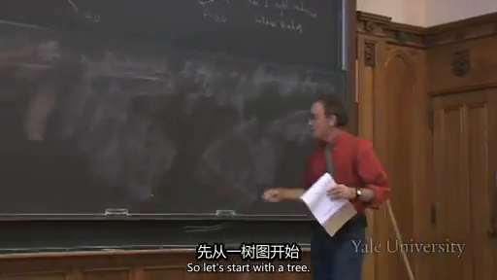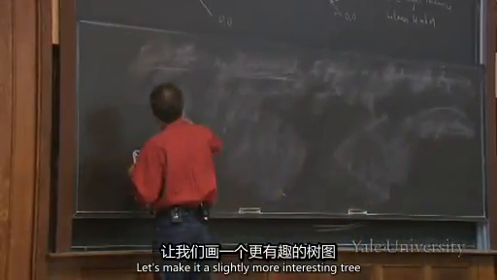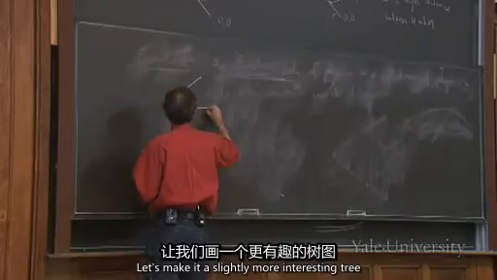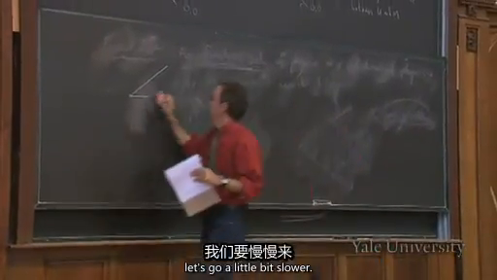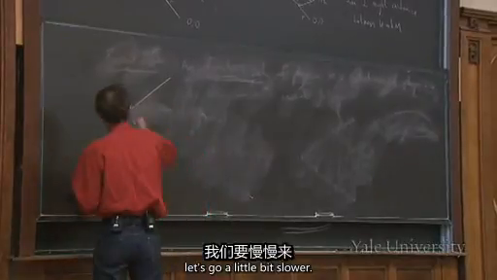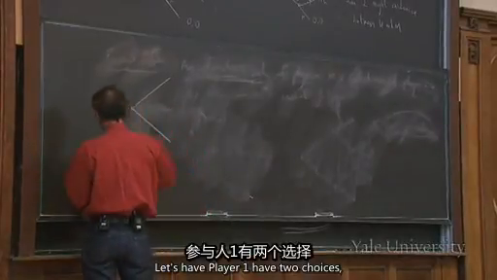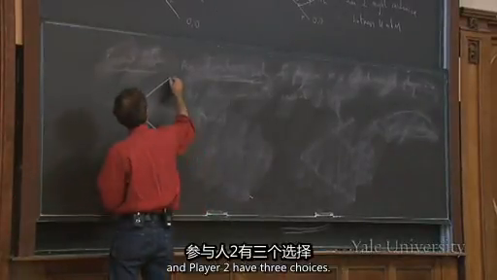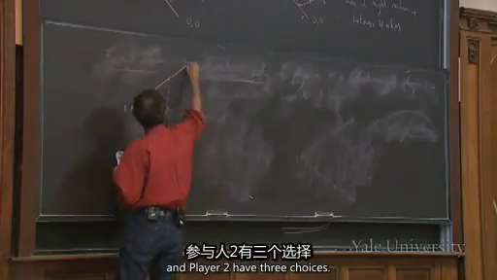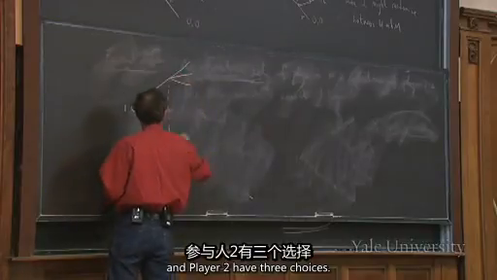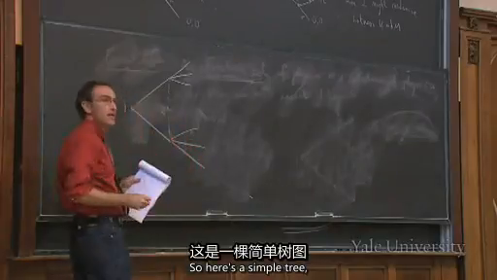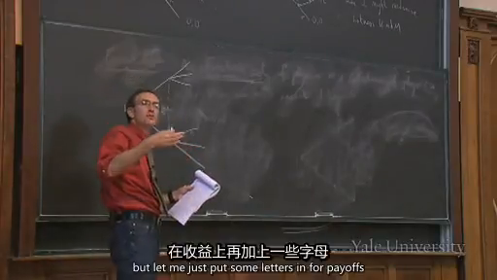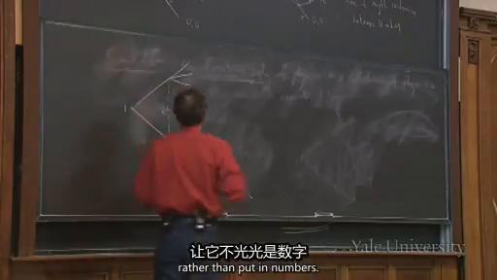All right, so let's start with a tree. Let's make a slightly more interesting tree than the one we've seen before. Actually, that's too interesting. Let's go a little bit slower. So let's have player 1 have 2 choices, and player 2 have 3 choices. Here's a simple tree, and let's put some letters in for payoffs rather than numbers.